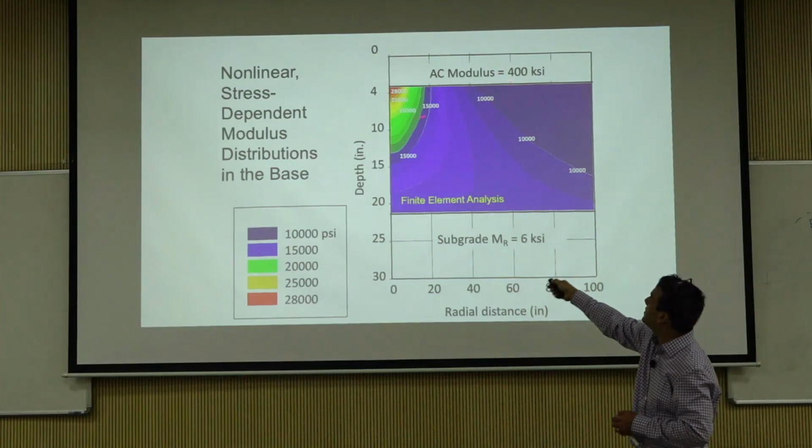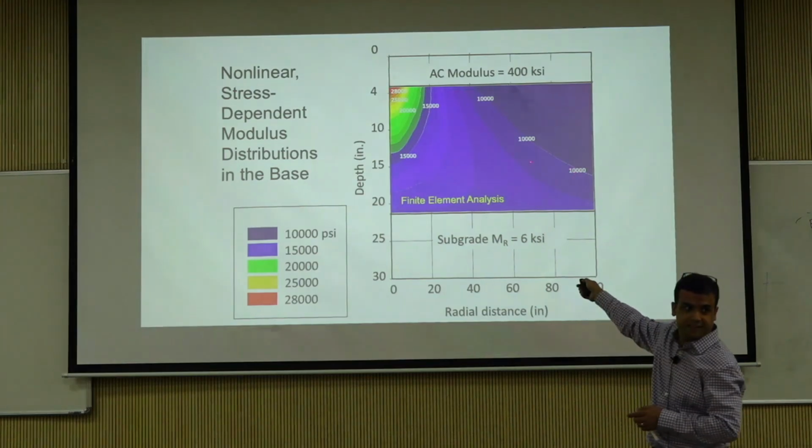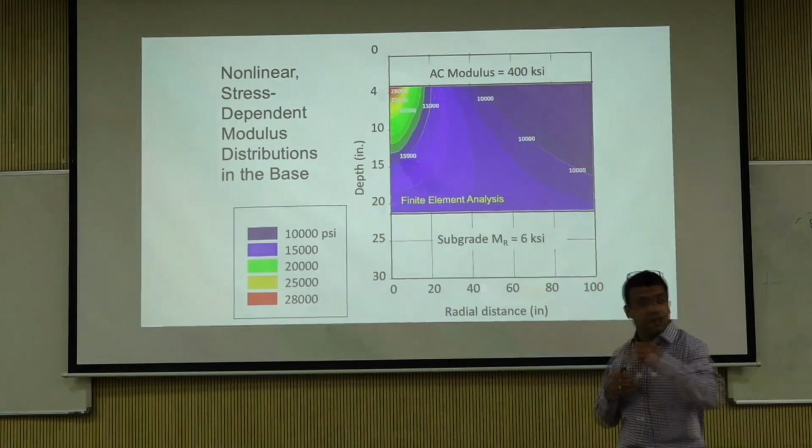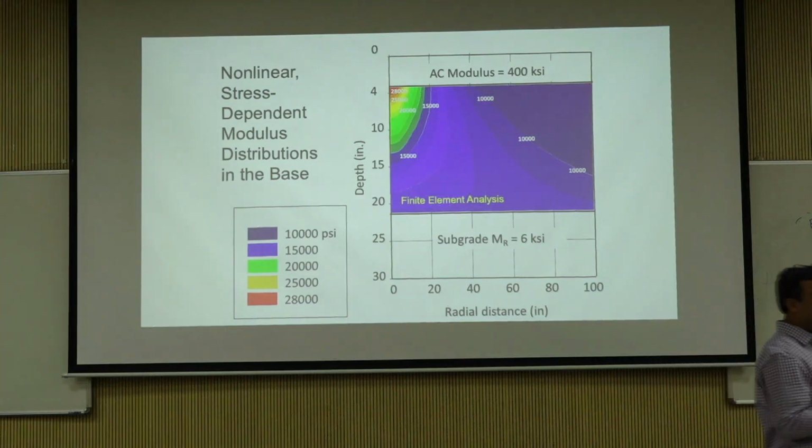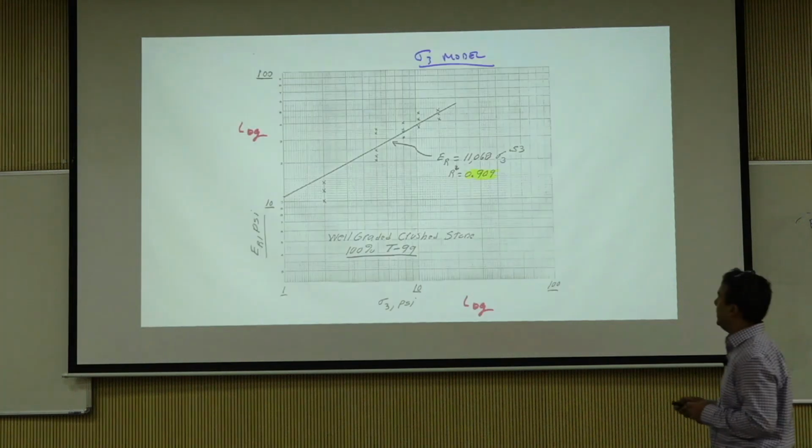This is a 400 ksi asphalt, this is 28,000. As you move away, it is about 10,000. So this is the range of change you can see of resilient modulus when you study the variation inside. So a constant value is not necessarily the right thing.